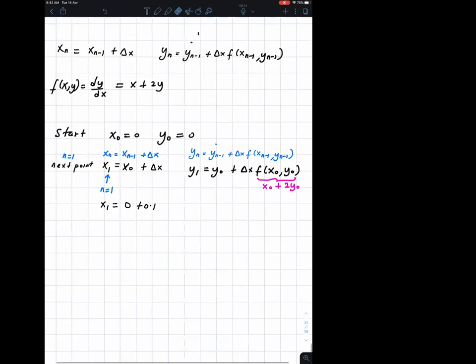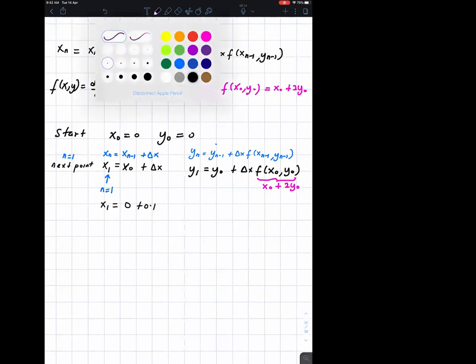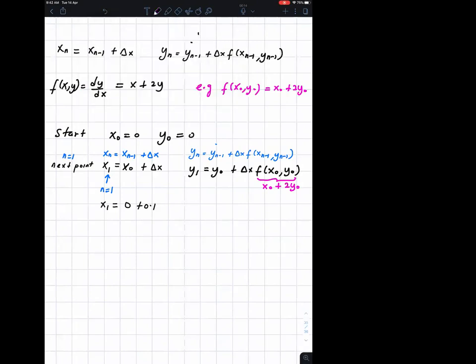For example, f of x naught, y naught. So our y1 is going to be, what was the y naught value that was given? 0.